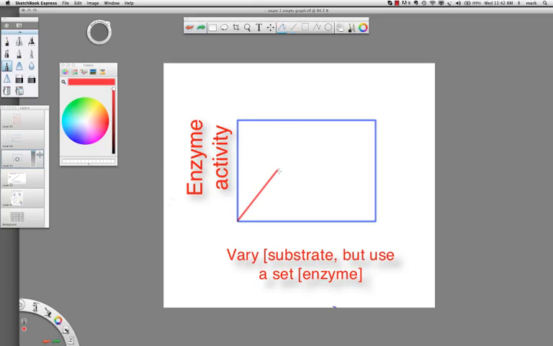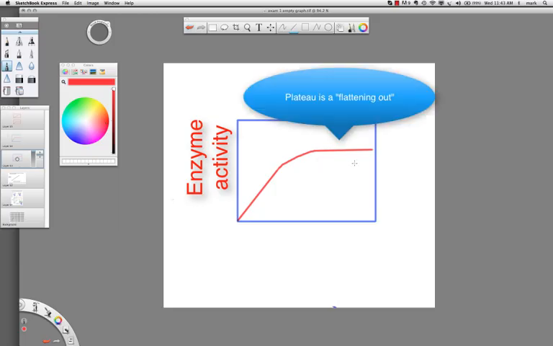Let me try again. So you get this curvy part, and then you get another straight line relationship where enzyme activity is not increasing. So as substrate levels rise, enzyme activity rises at the lower values of substrate concentration, but then reaches a plateau. And at that plateau, any increase in substrate concentration has no effect on enzyme rate.